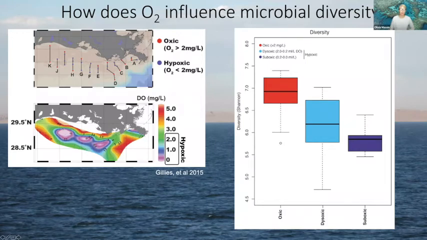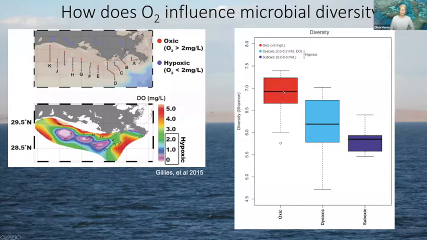Larger organisms are not going to be able to carry out their respiration with the oxygen concentrations in this environment. And this is a heat map, so the cooler colors indicate lower oxygen. And here we have indicated where you would find hypoxic conditions. So how does this influence the microbial diversity?